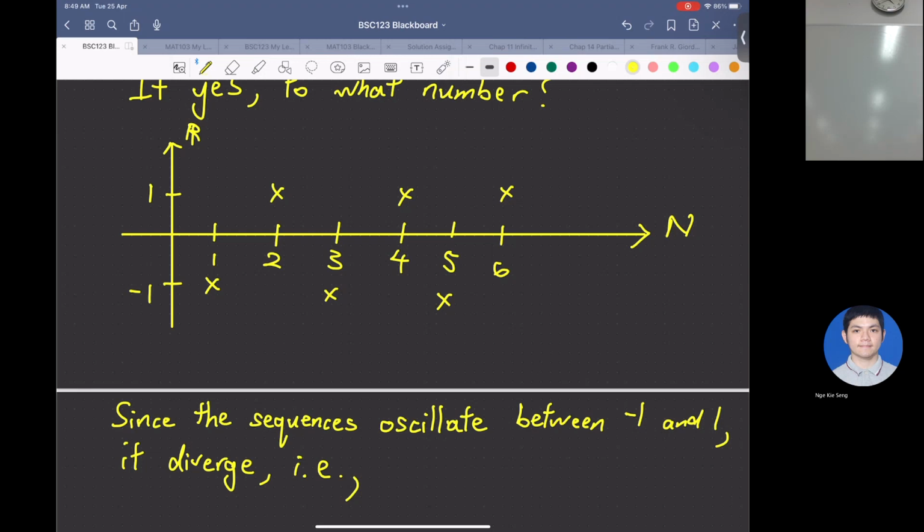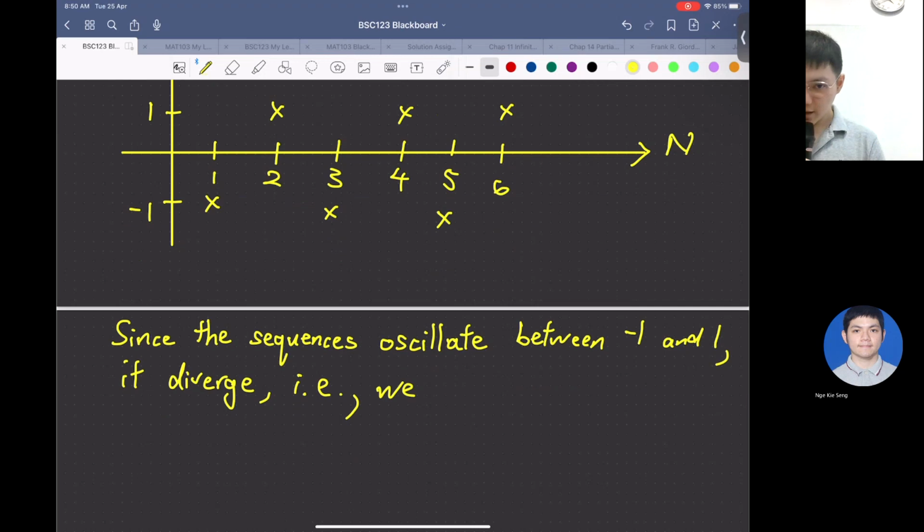What does the definition say about limit? You need to make it arbitrarily close to L when n is large. You haven't learned discrete math, right? So the logic here is you need to take the negation of that statement. Meaning that if n is large, you still cannot make it as close as possible to a number L. This is the logic.